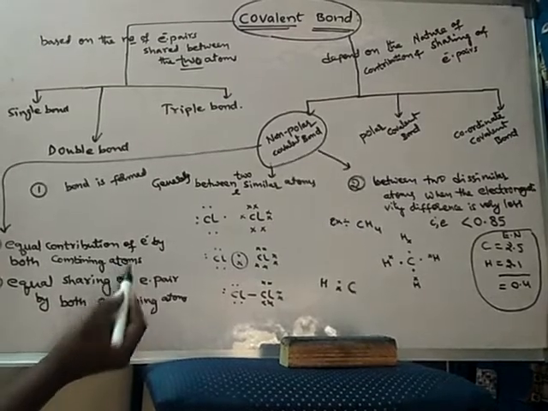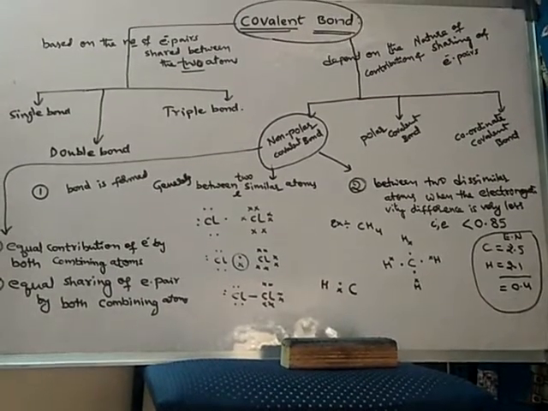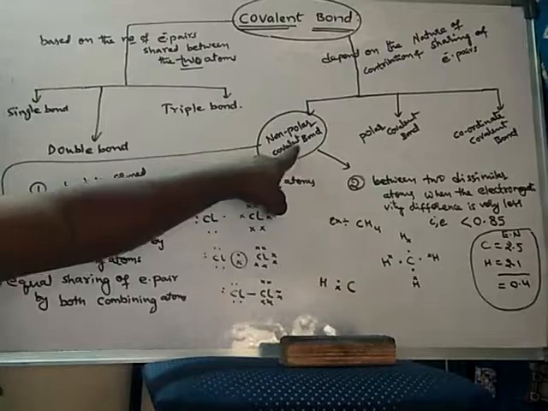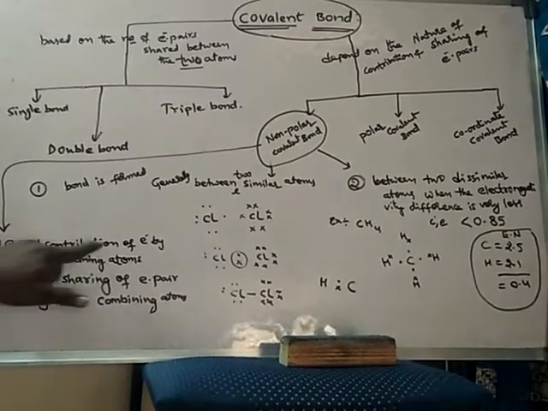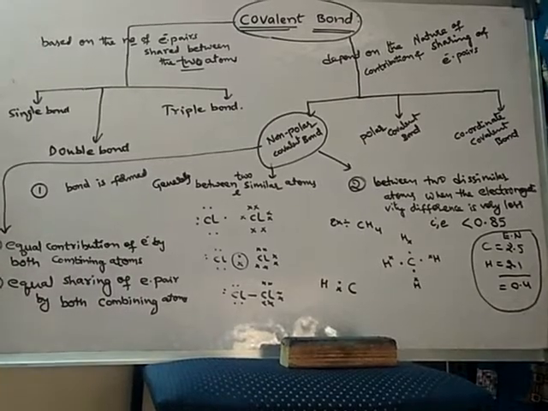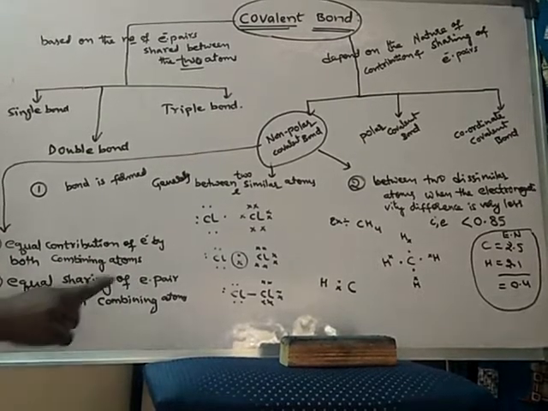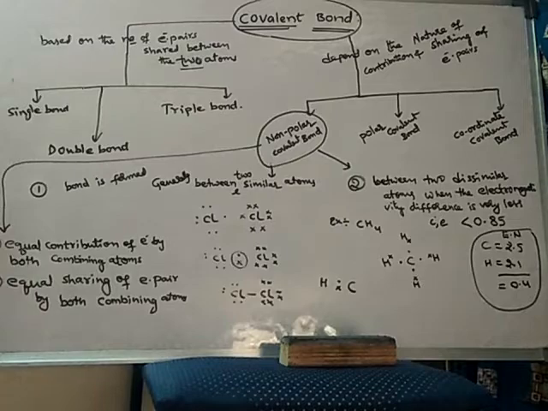Okay. So look here. In the formation of non-polar covalent bond, two things will happen: equal contribution of electron by both combining atoms, and equal sharing of electron pair by both combining atoms.